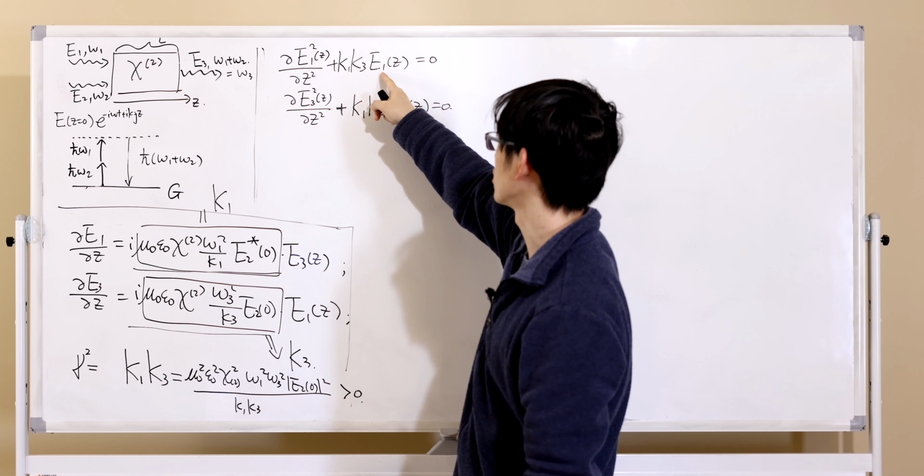So the magnitude of E3 here is usually larger than the amplitude of E1. Okay, let's just get that out of the way, and then we can start some physics analysis.